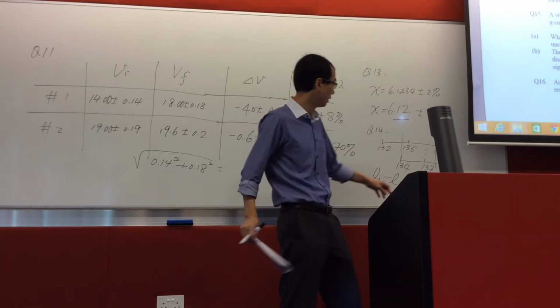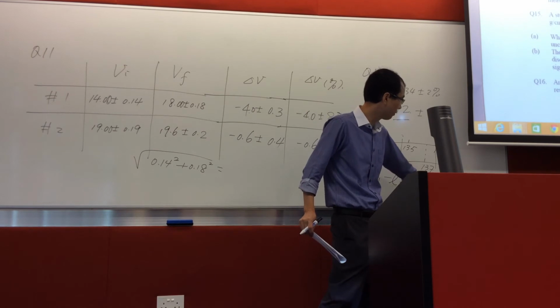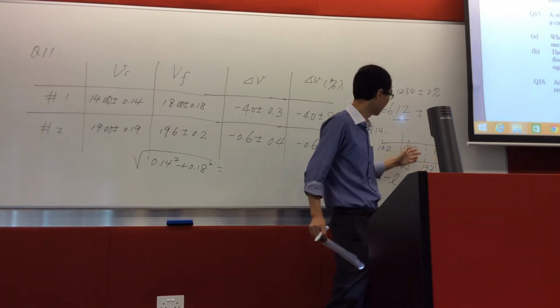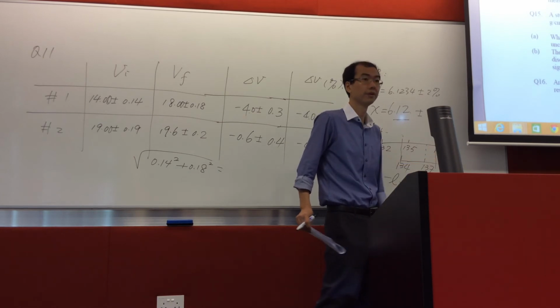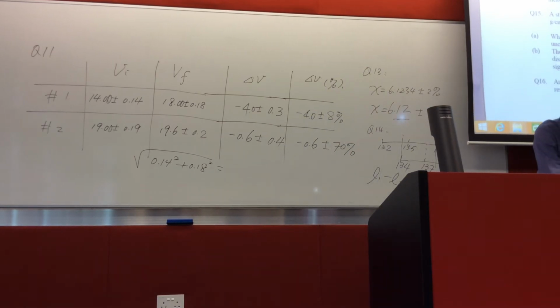So the difference is smaller than the uncertainty, which means it is not significant. You can explain in both ways. Agree? Okay.